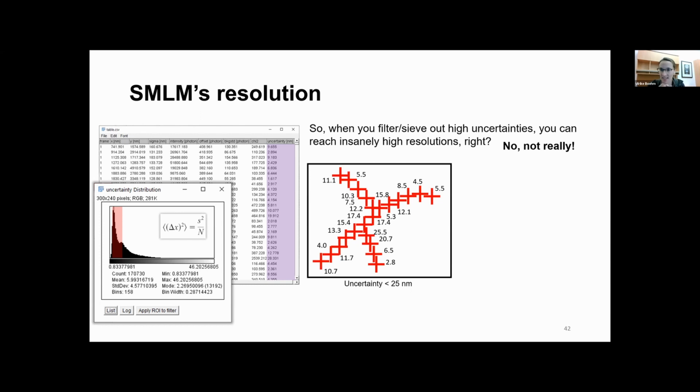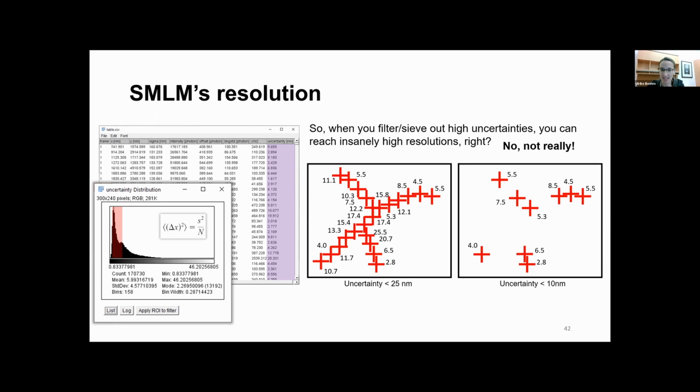Let's just look at this data here. These are lots of crosses of localizations with their respective uncertainties attached as numbers. If we, for example, say that we don't want localizations which are above 10 nanometers, because we want to claim that we have a 10 nanometer resolution in our image, what actually happens if we filter out uncertainties higher than 10 nanometers is that we entirely lose the integrity of that structure.